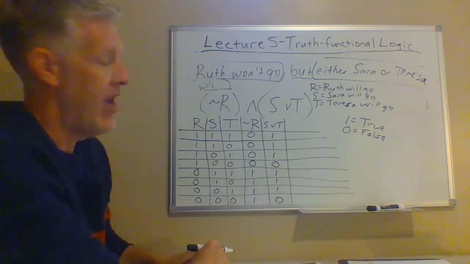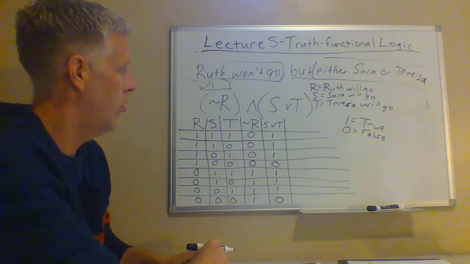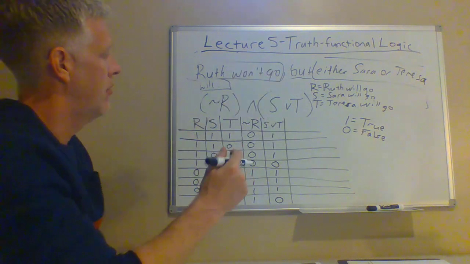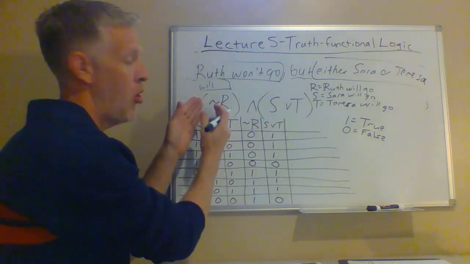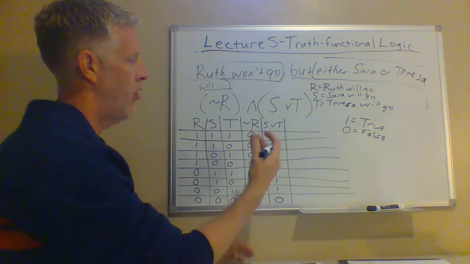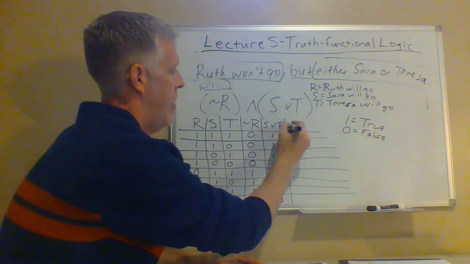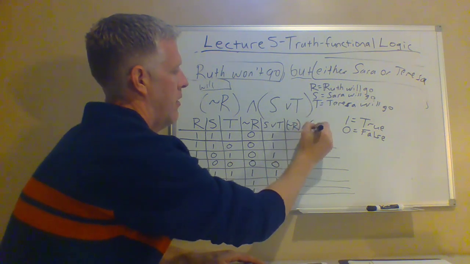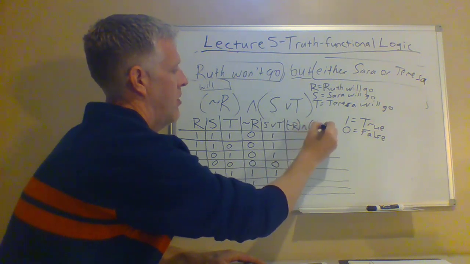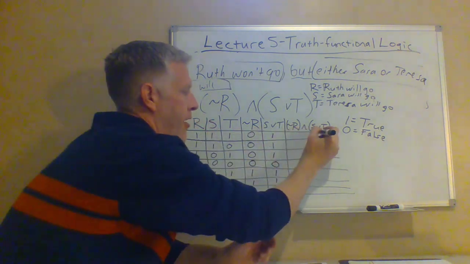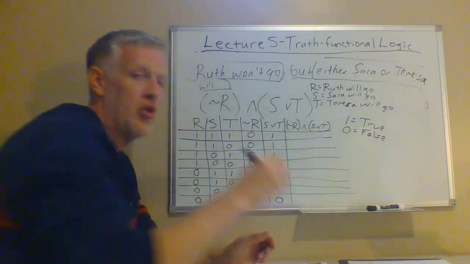Okay. Now we're in a position where we can finally get to the whole thing because we have both our left and our right conjunct. So now we can represent the whole conjunction itself, right? So not the case that R and S or T. Okay, so remember, it's hard to make a conjunction true.